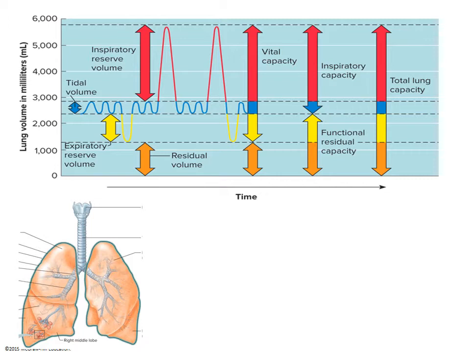Now, what I want to look at is the different volumes and explain what we are trying to figure out. So the lungs have a total lung capacity. This one all the way over here on the right. Total lung capacity of roughly 6,000 milliliters, or said another way, 6 liters.